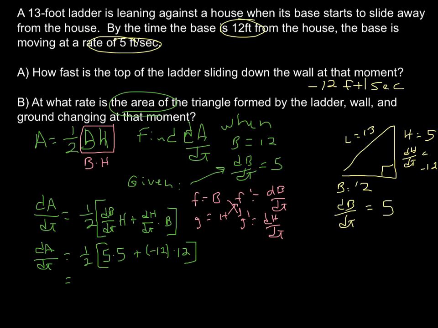All right, and so dA/dt, when we work all of that out, we're going to end up getting negative 119 over 2, which is also negative 59.5. And it doesn't matter, you can leave it. I usually just leave them as fractions so I don't mess up switching them into decimals, especially if I don't have a calculator. So it does not matter which way you do it.